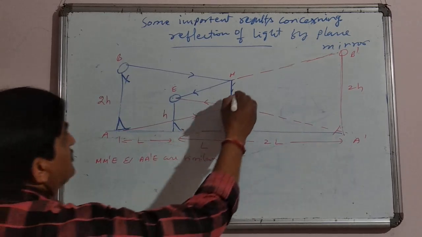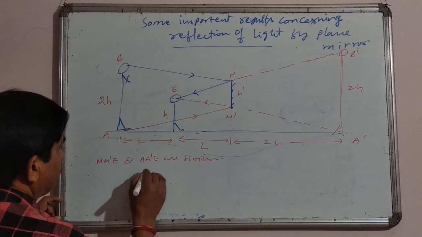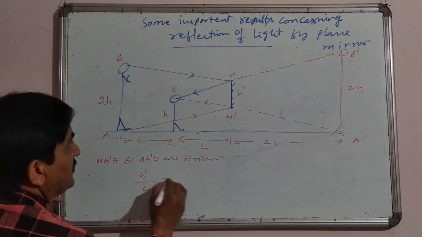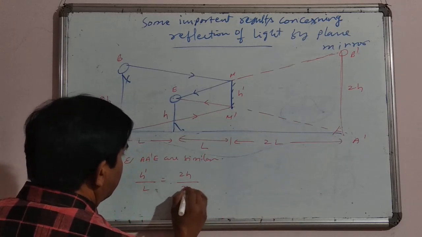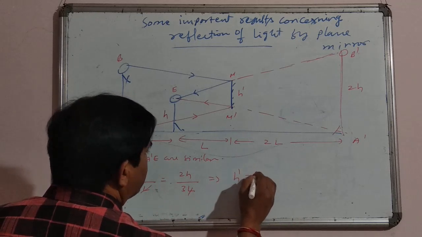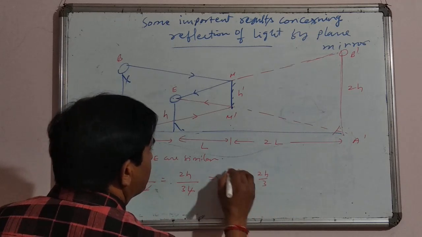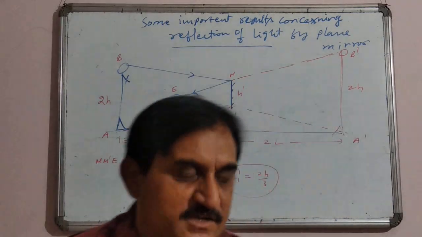Therefore, this is H dash. Now H dash by L is equal to 2H by, from here to here it is 3L. Therefore, the minimum height of the mirror required is 2H by 3. So this is the answer.